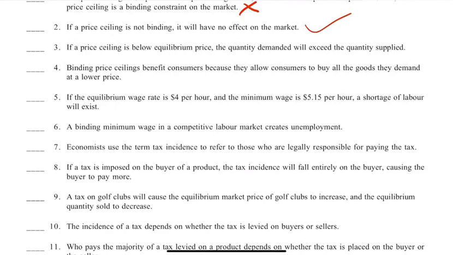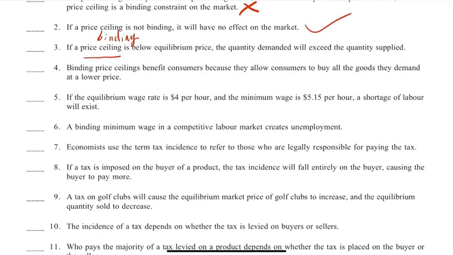Okay. If the price ceiling is below the equilibrium price, the quantity demanded will exceed the quantity supplied. So here you can see that if the price ceiling is below the equilibrium price, the price ceiling will become binding, right? So it's a binding price ceiling.